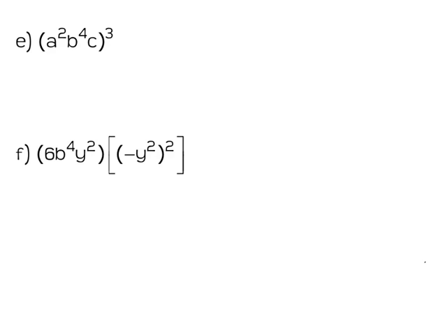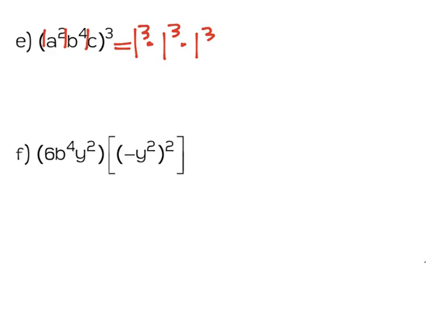We do have 3 different coefficients. There's a 1 in front of the A, a 1 in front of the B, and a 1 in front of the C. So we need to apply or distribute the 3 to all of those. So this would give us 1 to the 3rd power times 1 to the 3rd power times 1 to the 3rd power.